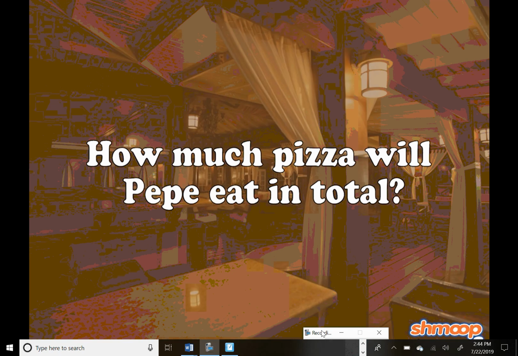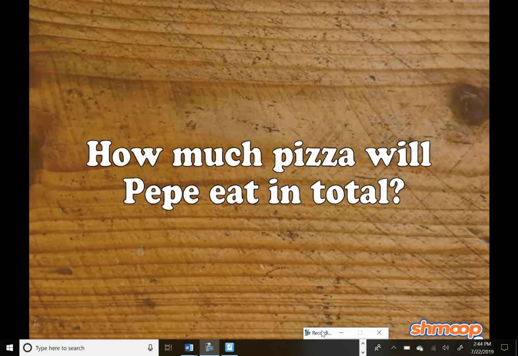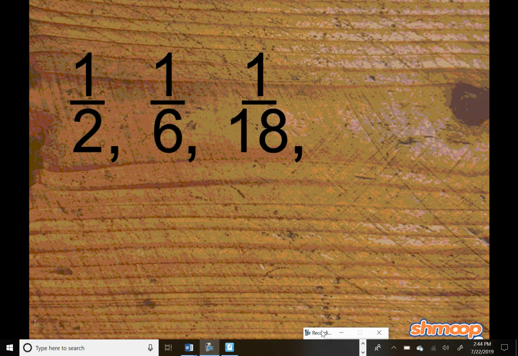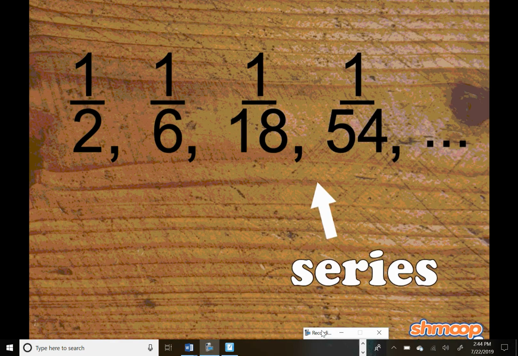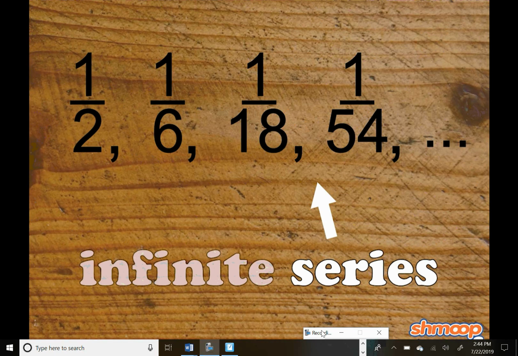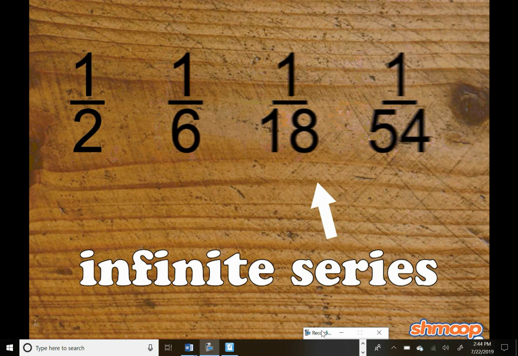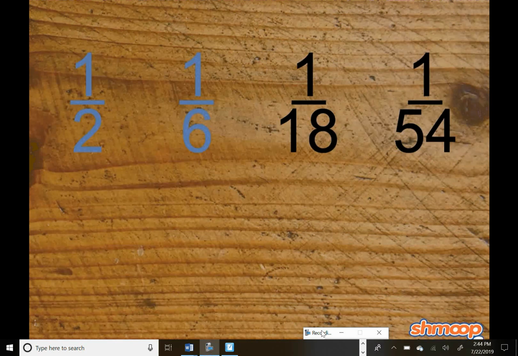Well, first let's look at the numbers we have. 1/2, 1/6, 1/18, 1/54, and so on. Looks like we have something called a series, or actually, since we're assuming he'll eat forever, an infinite series. Let's take a closer look at the numbers and notice a pattern. Between the first two terms, 1/2 and 1/6, there's a ratio of 1/3.